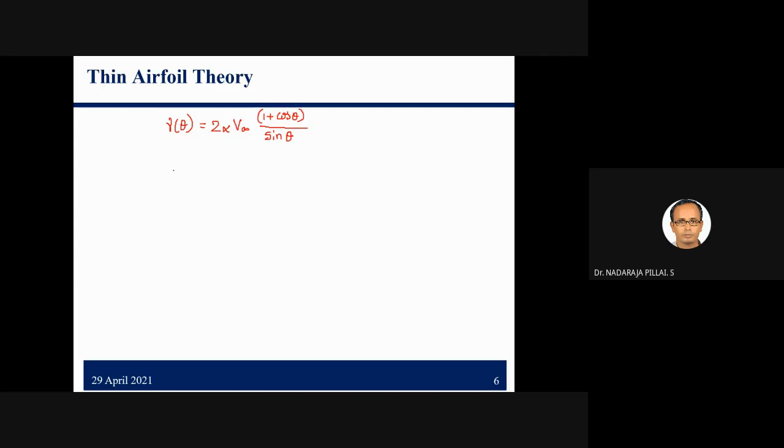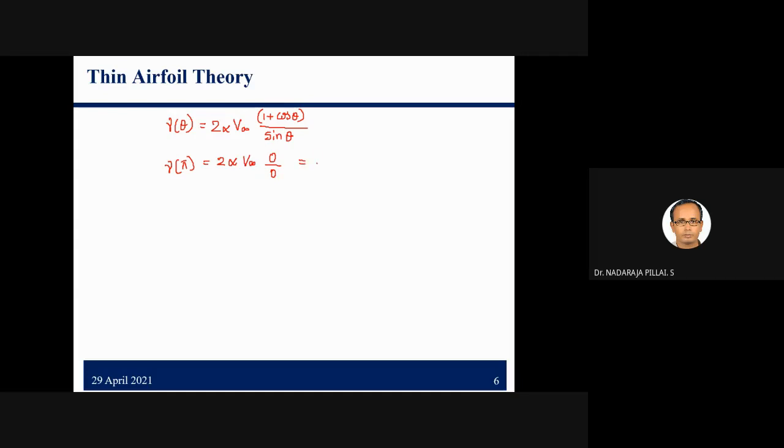Now, what happens at gamma of pi, which is the trailing edge? It will become 2 alpha V infinity, and here it will become 0 by 0, so it becomes an indeterminate form.